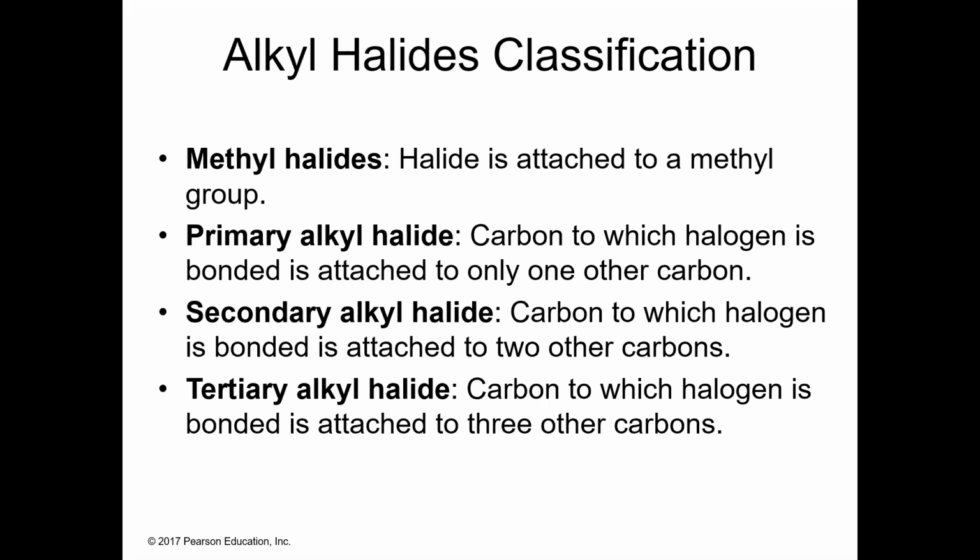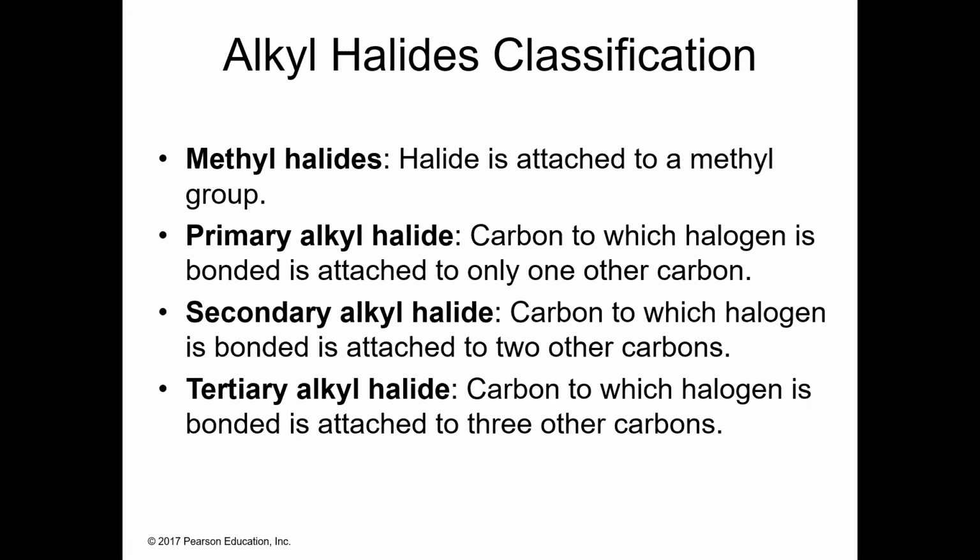Okay, it's important to be able to classify alkyl halides because this allows us to predict their reactivity. Methyl halides are those that have a halogen attached to a methyl group. A primary alkyl halide is one in which the halogen is bonded to a carbon that's attached to only one other carbon directly.